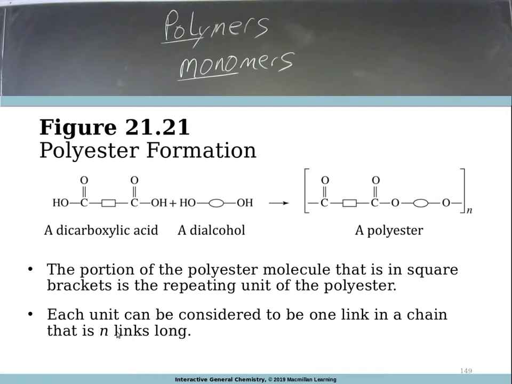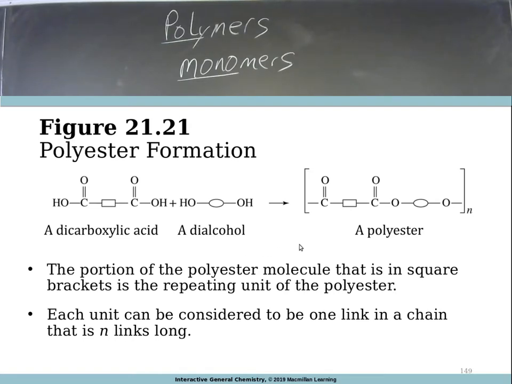Okay, so this is the smallest repeating unit, and you can put brackets around that and then just put a little n to indicate that the real molecule has some number of these ester units. And n could be very long. It could be hundreds, or it could be thousands or tens of thousands, depending on the conditions that you run the reaction.